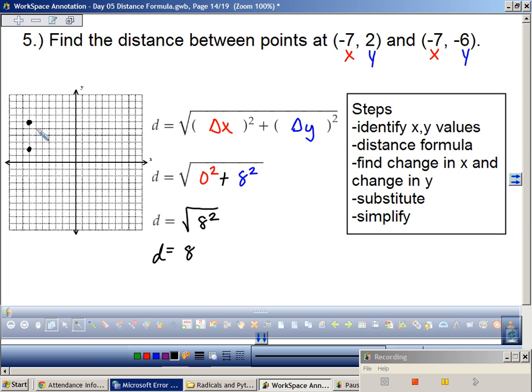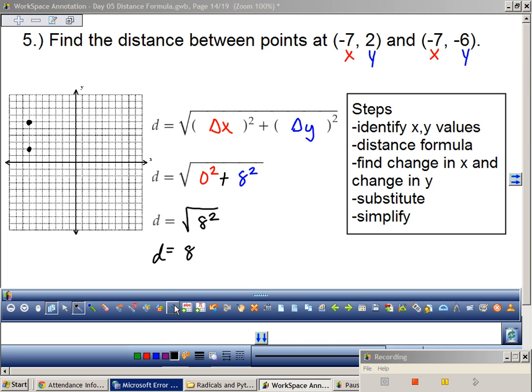If I want to draw myself a triangle, how would I do that? This one's a harder one to draw.